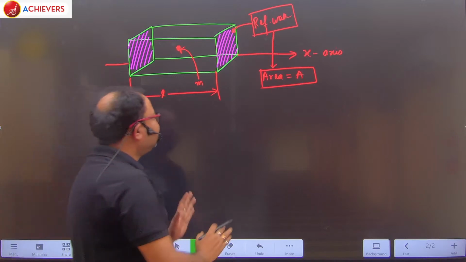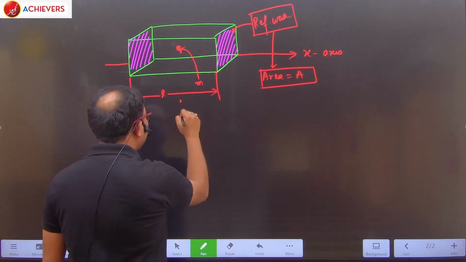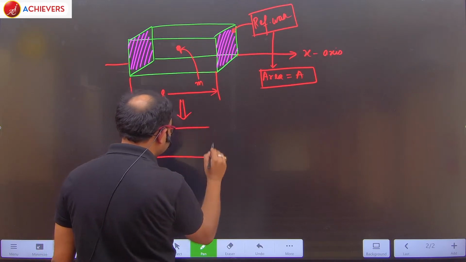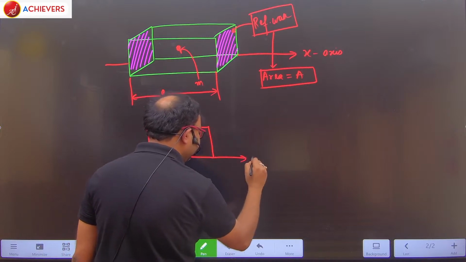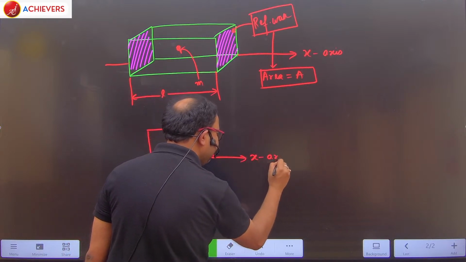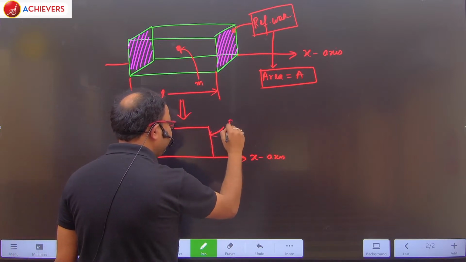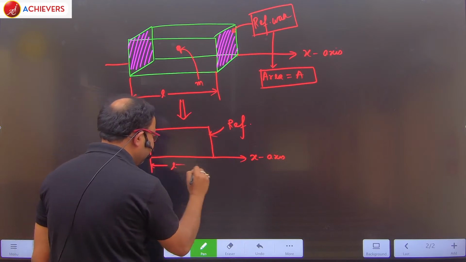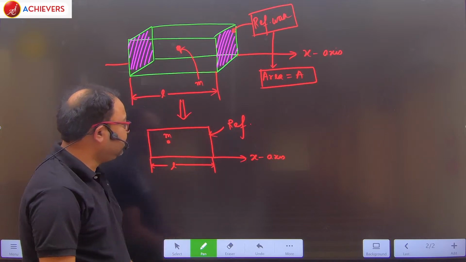Now let us craft out a simplified 2D picture out of this. The box looks like this. This is x-axis. These are the two walls. This one is the reference. And these two walls are separated by a distance L. And a molecule of mass m is moving inside this container.